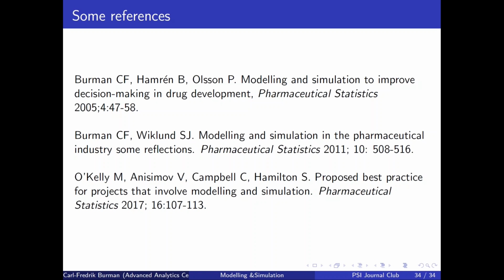And could I add to that then? Of course, yeah. There was quite a bit of discussion among the referees for our proposal when submitted to Pharmaceutical Statistics with regard to model checking and validation.